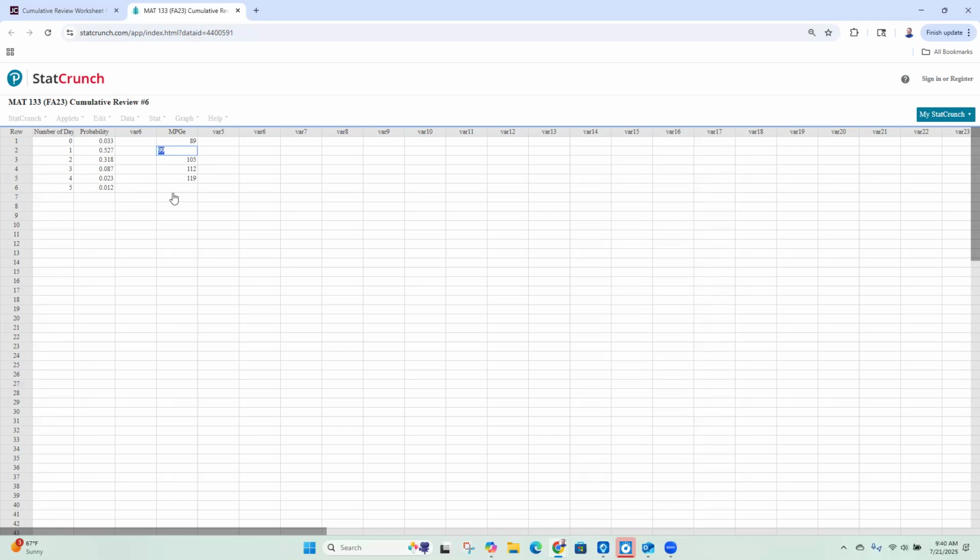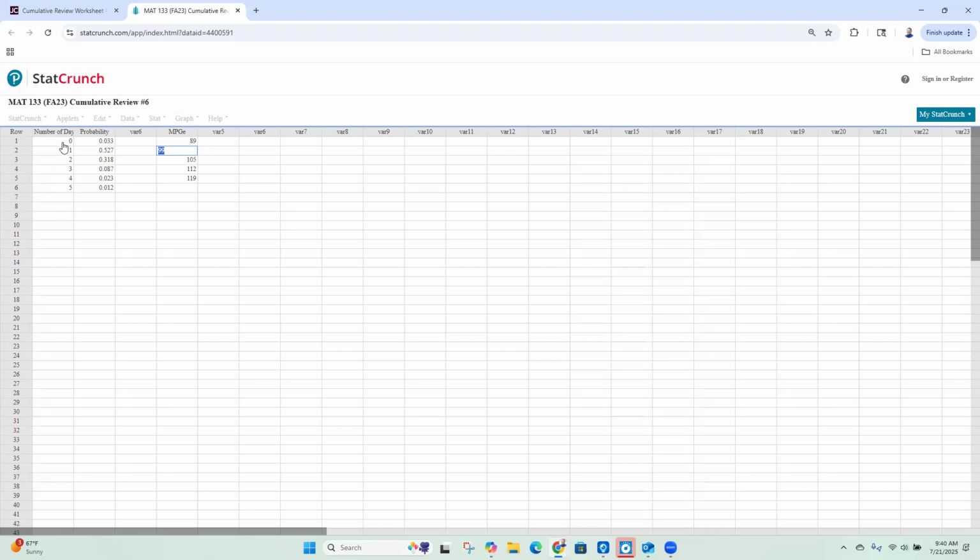Method two is if I have a frequency distribution. That was stuff that we talked about in chapter two, right? Relative frequency, cumulative frequency, things like that, and you need midpoints for your classes for that. Method three is if you have a probability distribution, and that is what we have here. We have our classes.